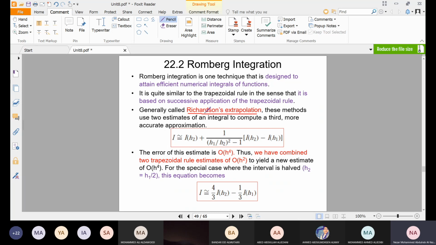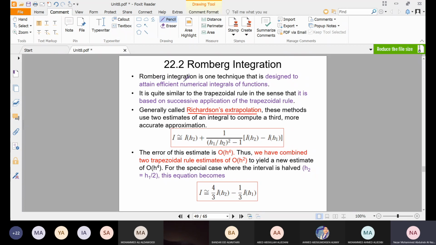If you remember Richardson extrapolation, we just replace what we have in the form, instead of derivatives by integrals. We replace the derivative by integration, using the same rule we had before. So the same idea, the same concept.